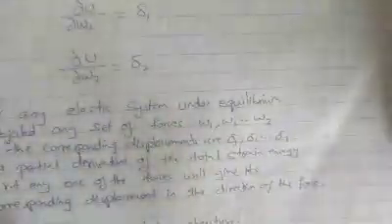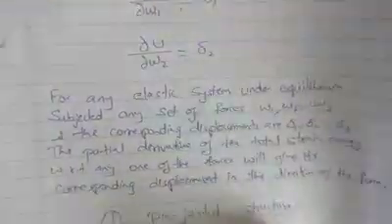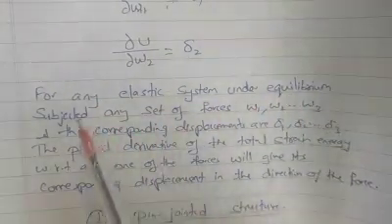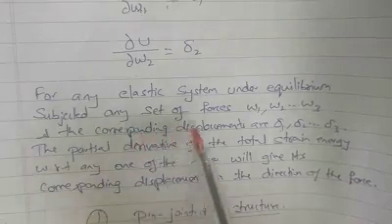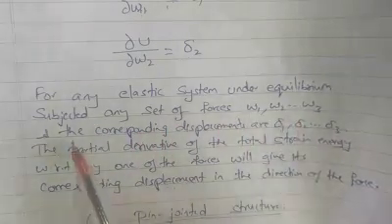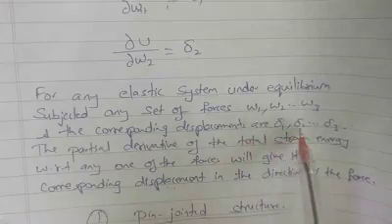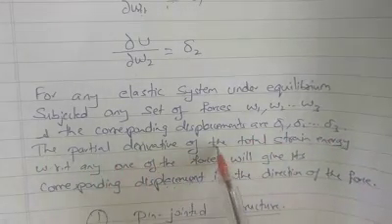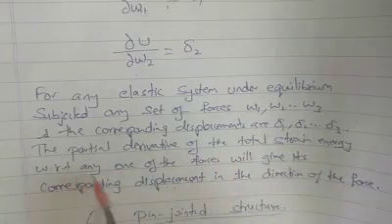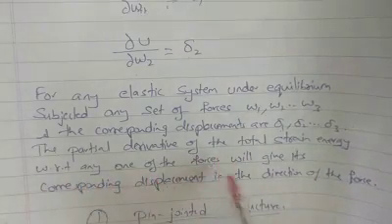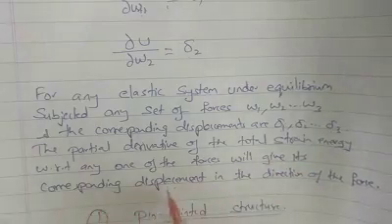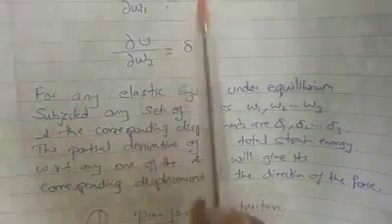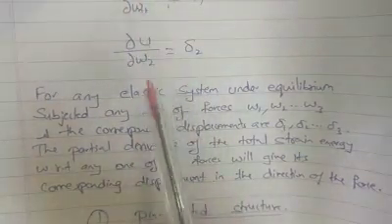So, coming to the definition here, for any elastic system under equilibrium subjected to any set of forces W1, W2, W3, and the corresponding displacements delta 1, delta 2, delta 3, the partial derivative of the total strain energy with respect to any one of the forces will give its corresponding displacement in the direction of the force. So we use this theorem to find out the displacement.